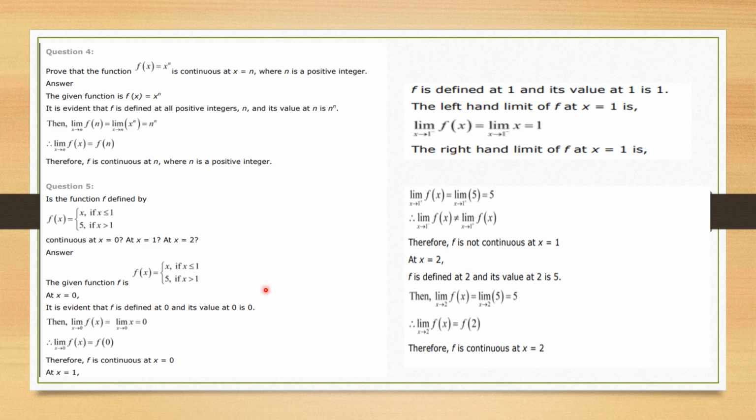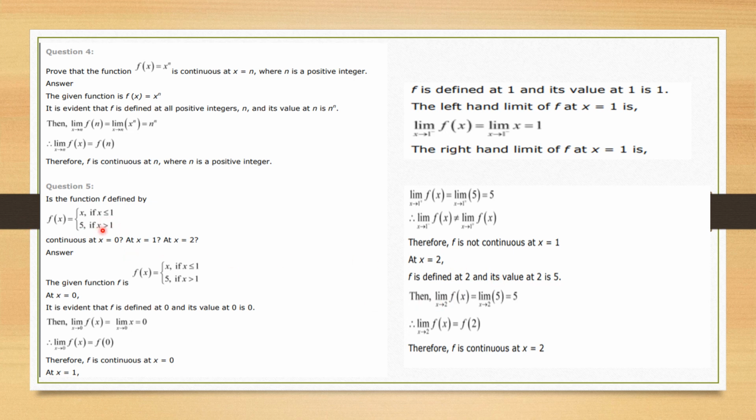And at x equal to 2, the defining is that at x greater than 1, which is the same at x equal to 2, because x greater than 1 means for any number bigger than 1, 5 is the same defining. So at x equal to 2, we'll check the right hand limit only. Where there is just one defining, we check the right limit and the value of the function, and where there are two definings, we check the left and right limits also and the value of the function.